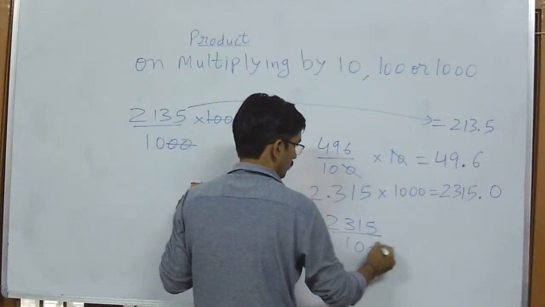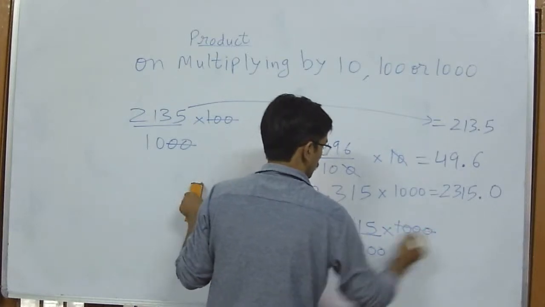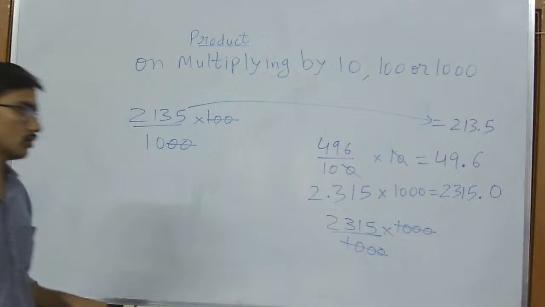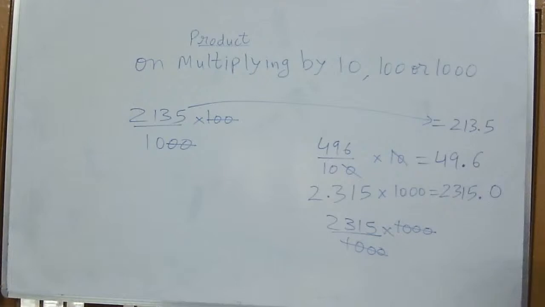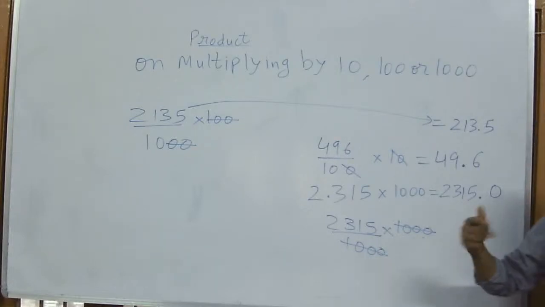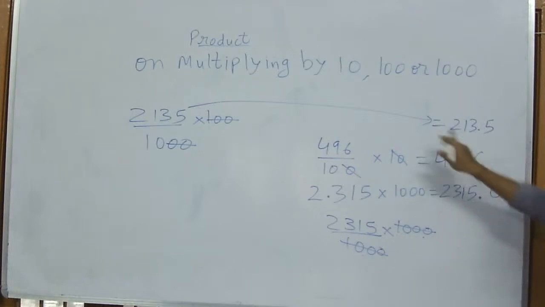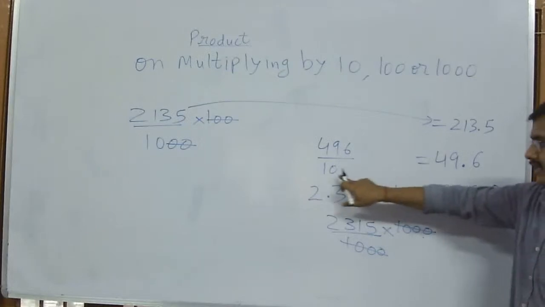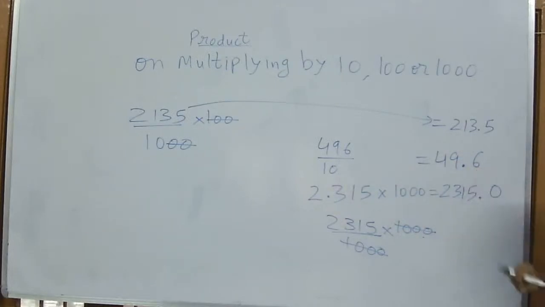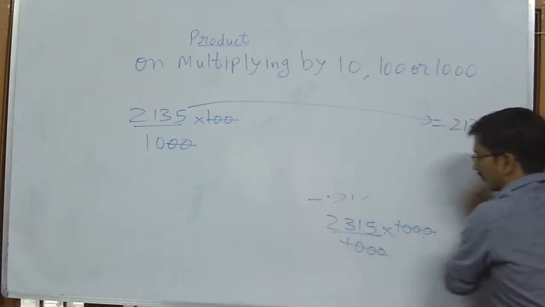So is it okay for you all or not? Then you can cut the zeros and you can tell anybody, किसी को भी आप समझा सकते हैं कि ये पॉइंट 1 प्लेस क्यों जंप कर रहा है, because after dividing by 10, 10 is left, that's why it is 49.6.